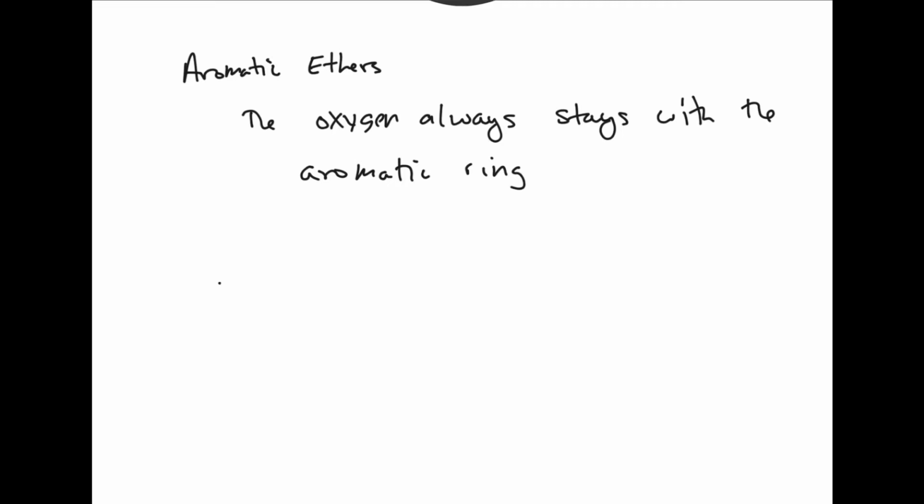When I say aromatic ether, I mean an ether that has the oxygen bonded to the aromatic ring. So it has to be the benzene, and you have to have an oxygen coming off of it. So it has to have come from a phenol, right?